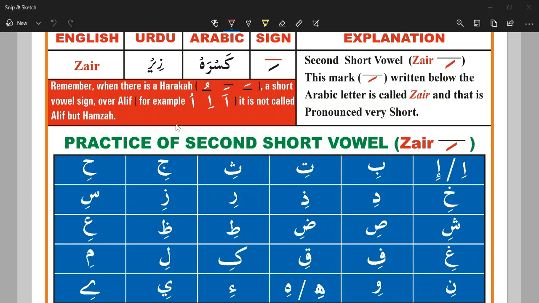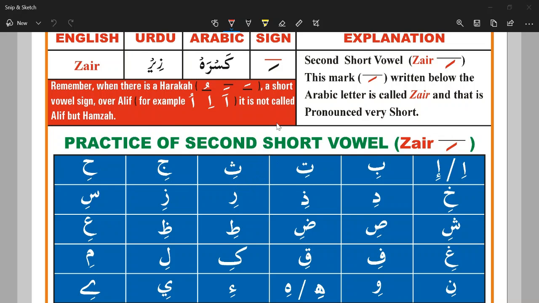Okay, Zair is the slanted mark written below the Arabic letters. For example, if we pronounce a Zair sound with a letter, the E sound will be added to every letter in Arabic. For example, I pronounce the letter Ba.